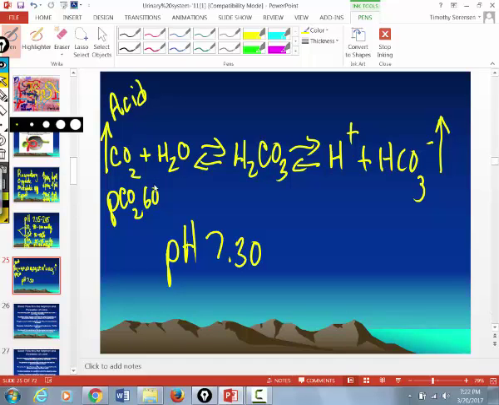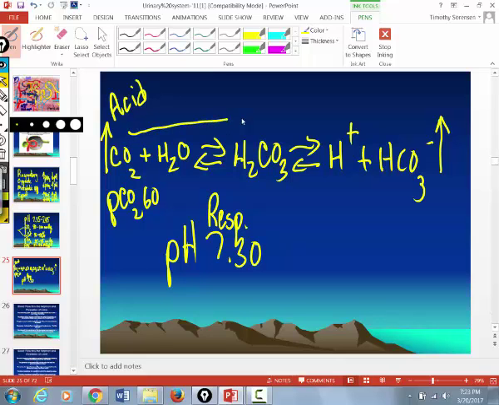So is that higher or lower than normal? If it's higher than normal, the lungs are holding on to carbon dioxide. The lungs aren't working well. So what's causing this acidosis? The respiratory system. So this is a respiratory acidosis.